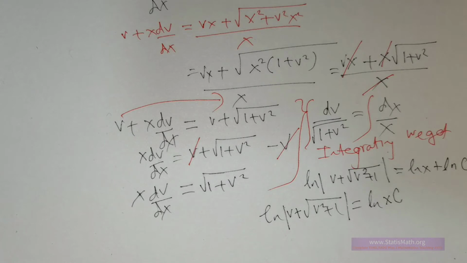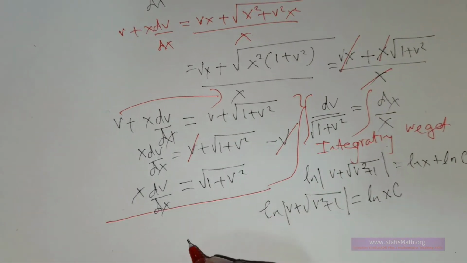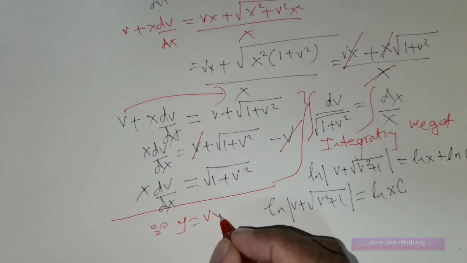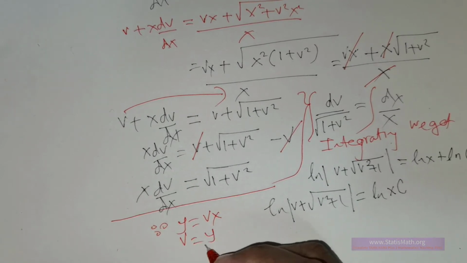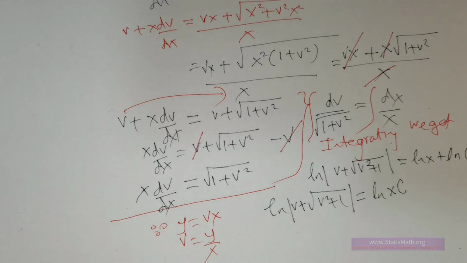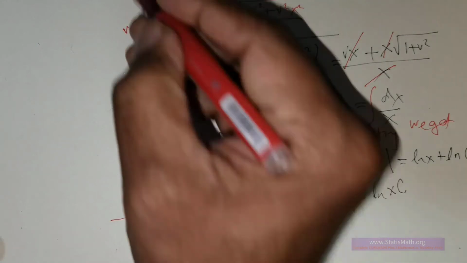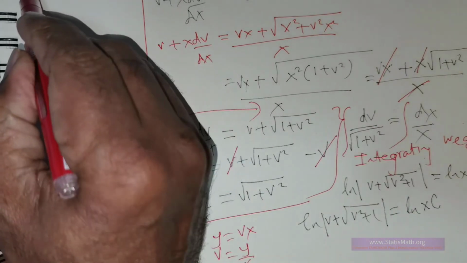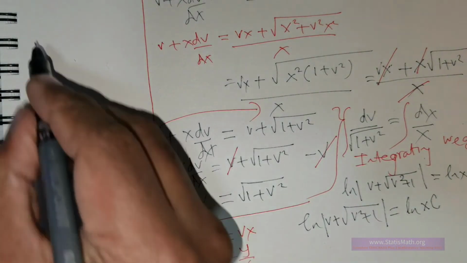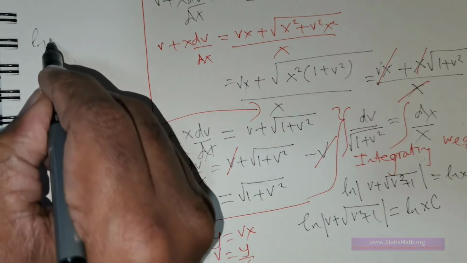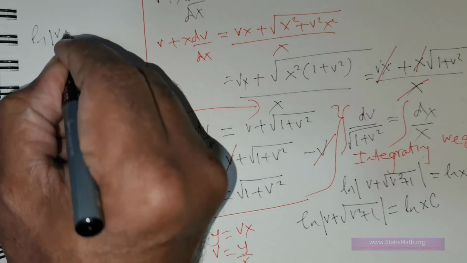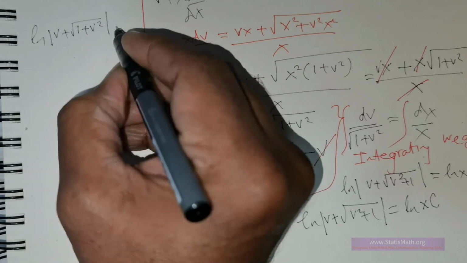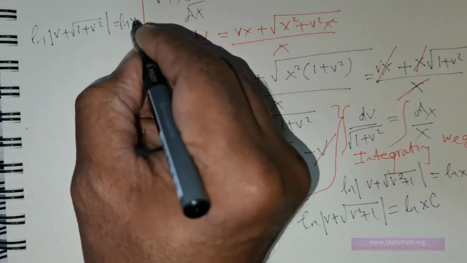Now we know that y = vx, so therefore v = y/x. I would have to substitute that. So we have ln|v + √(1 + v²)| = ln(xc).